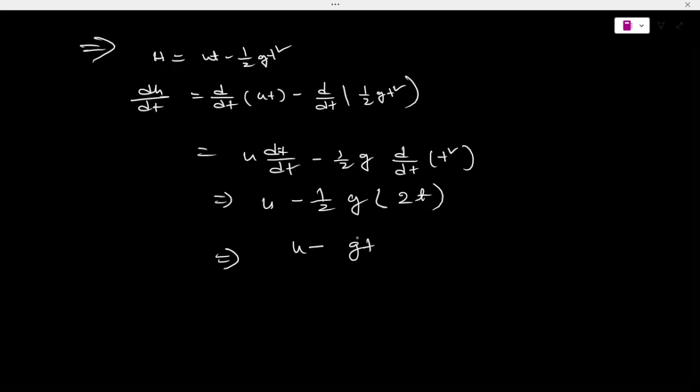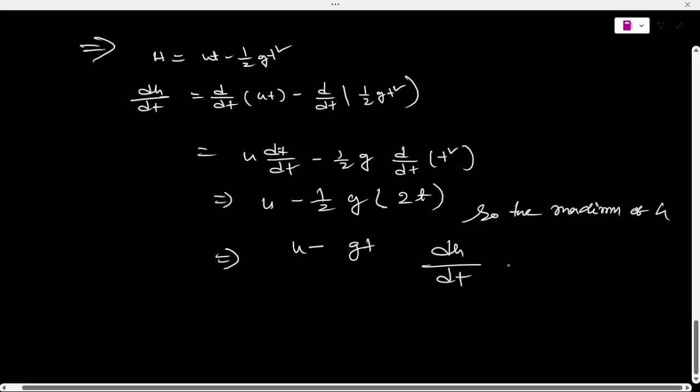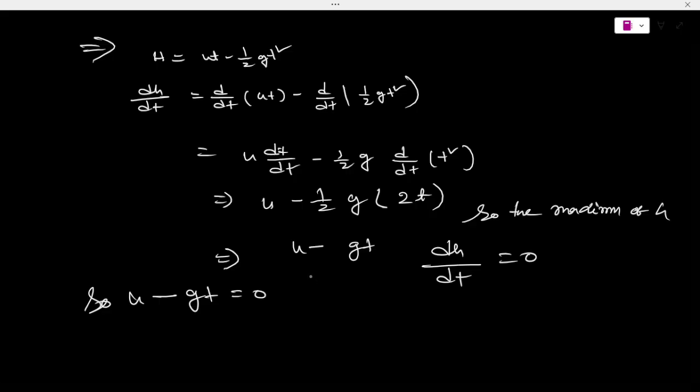So for the maximum of h, what will be the maximum of h? dh divided by dt is equal to 0. So u minus gt is equal to 0. Clear that?